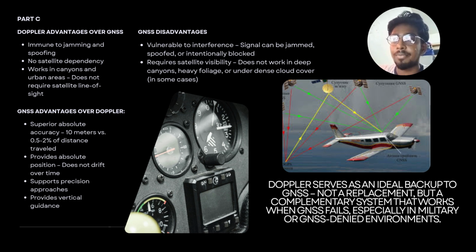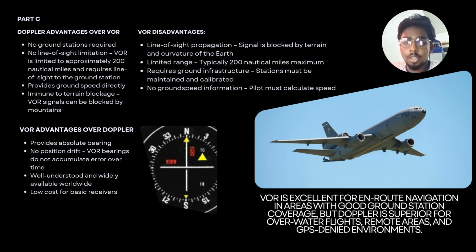The disadvantage of GNSS is that it's vulnerable to interference. Signals can be jammed and it requires satellite visibility. So, Doppler serves as an ideal backup to GNSS. It cannot replace GNSS, but is a complementary system that works when GNSS fails. Next, we will compare Doppler navigation system side by side to VOR.